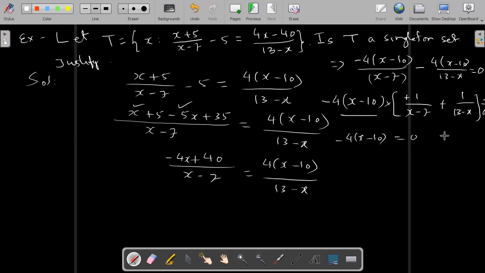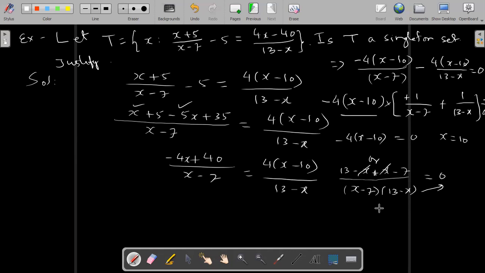When you equate it to 0, x minus 10 is equal to 0, x is equal to 10. Or the second factor is, taking LCM, (x minus 7) into (13 minus x), so this will become 13 minus x plus x minus 7 is equal to 0. But here x will cancel and this whole will become 0.